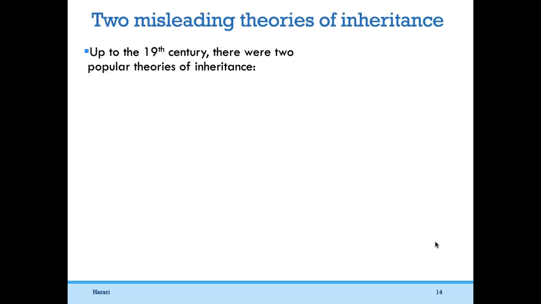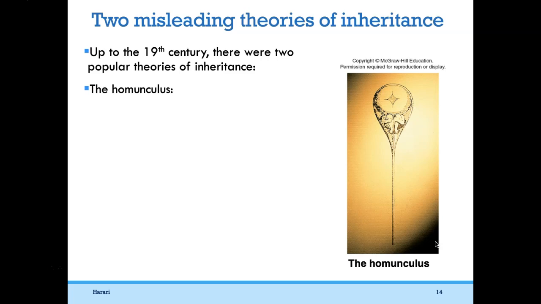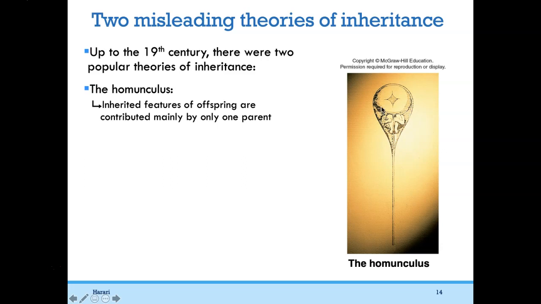So up until the 19th century, there were two very popular theories of inheritance. They were very misleading. One was called the homunculus. And that idea was that offspring are a result of just one parent's contribution. Namely, they said that the father's sperm contained a mini human in it.